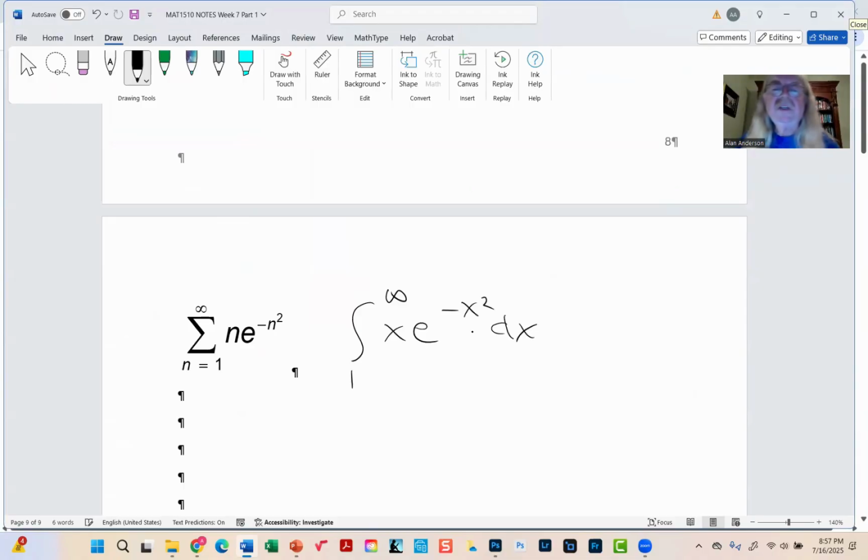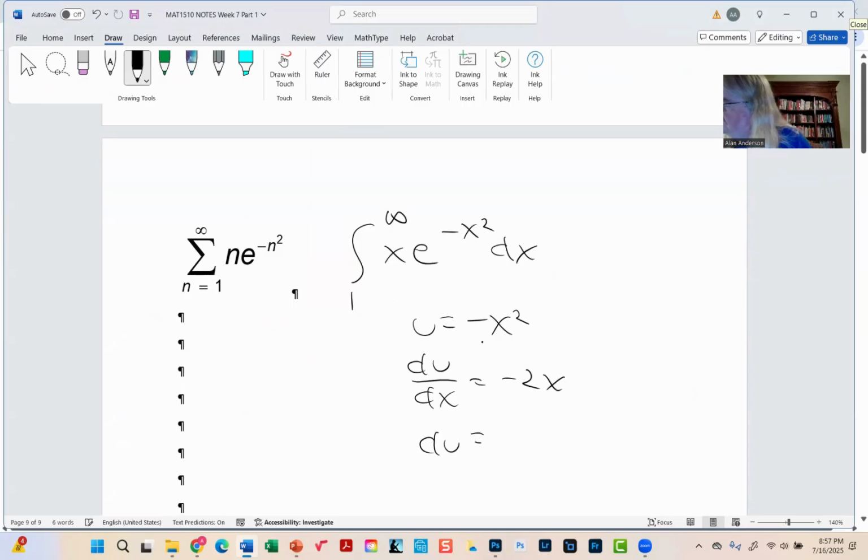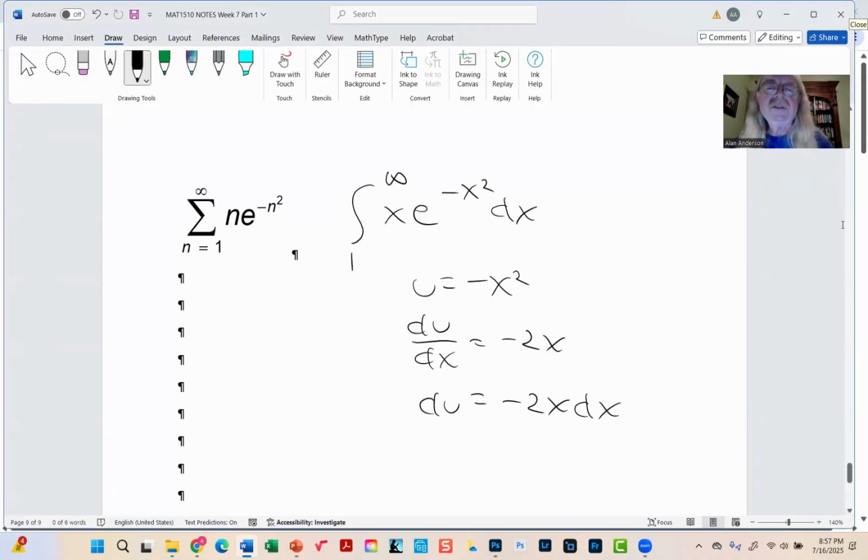All right, so it looks like this is a job for u substitution. We don't have the -2, but we can provide it ourselves. Whenever there's a constant missing, we can easily supply it ourselves.